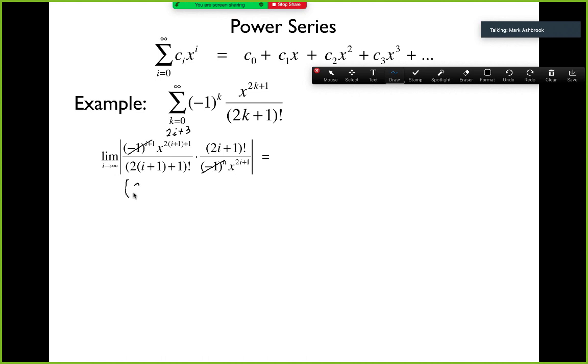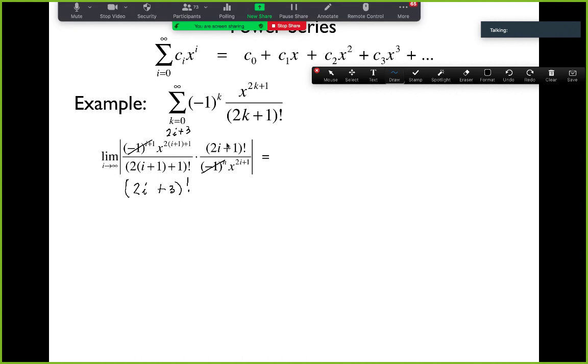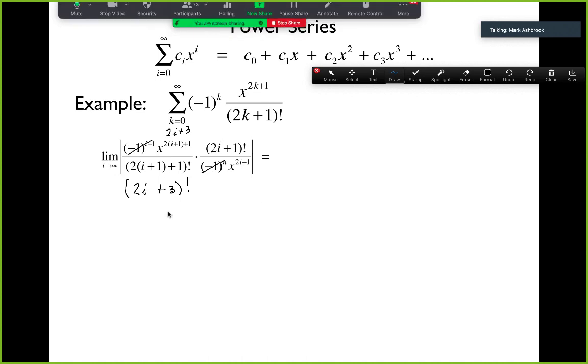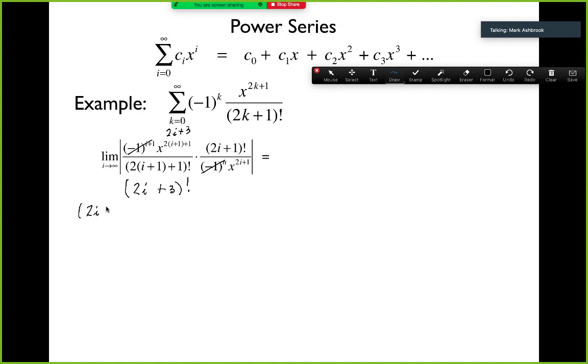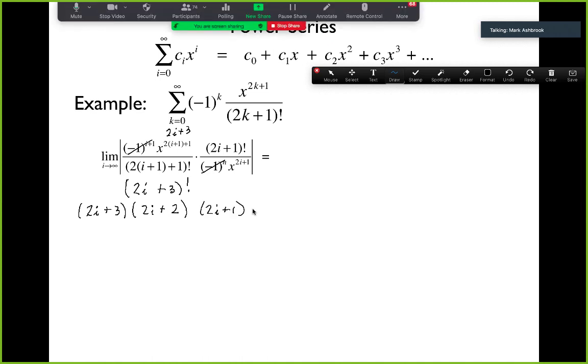And then down here I got 2i plus 3 factorial over 2i plus 1 factorial. So we know that 2i plus 1 factorial is a factor of this, leaving what? So what is it? 2i plus 3 times 2i plus 2 times 2i plus 1, etc. That's where 2i plus 1 factorial starts.